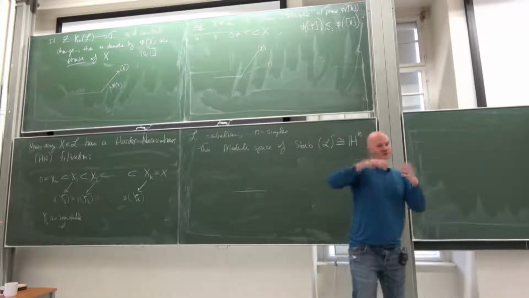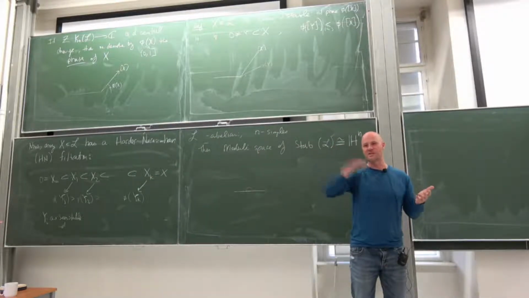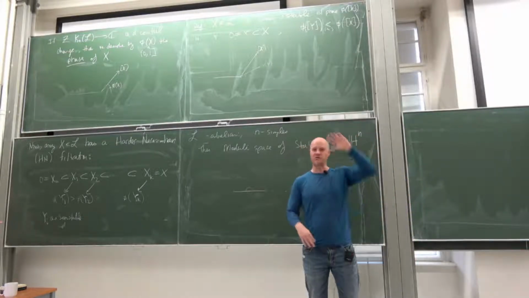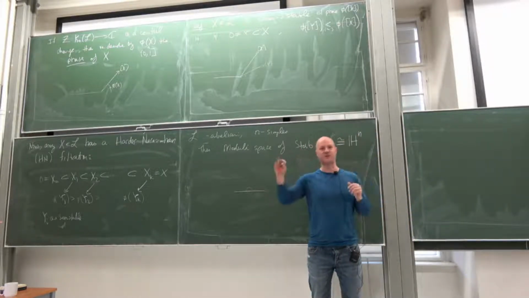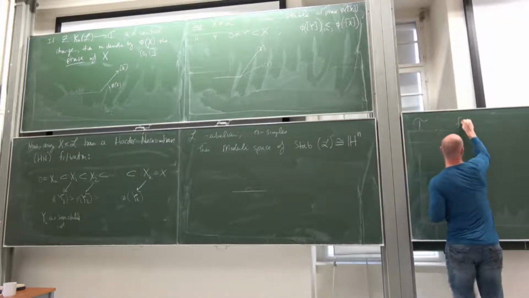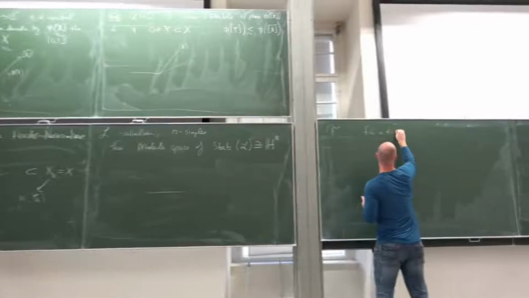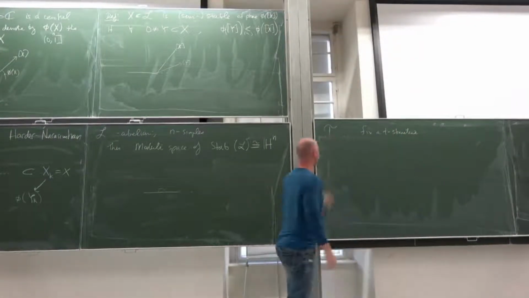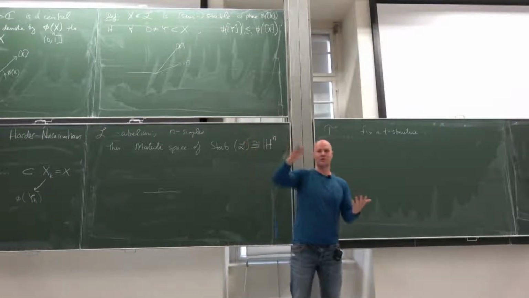It said every object can be filtered so the subquotients lie in shifts of the heart. So if you have a triangulated category and you fix a T-structure, then every object here can be filtered so the subquotients are in shifts of the heart.